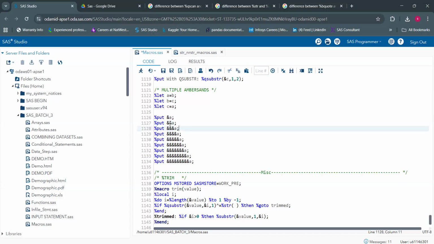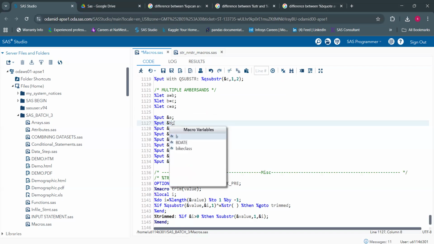Whenever you use multiple ampersands, it resolves from left to right. First it resolves ampersand A, which is B. Once we get B, what is ampersand B? It is C.